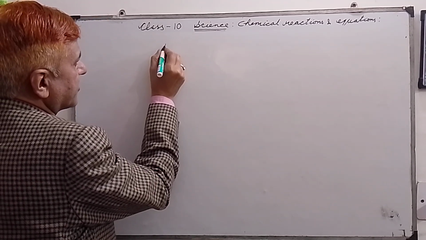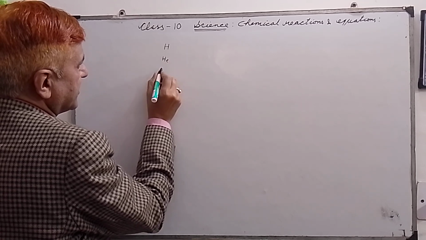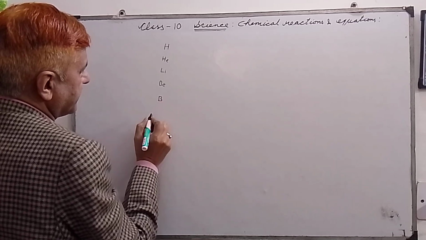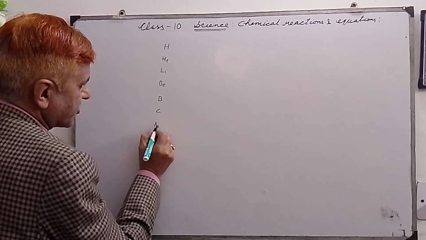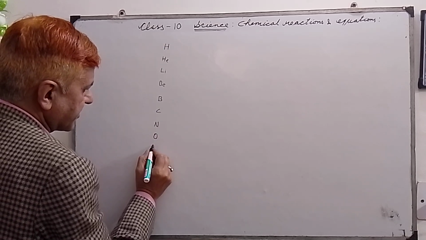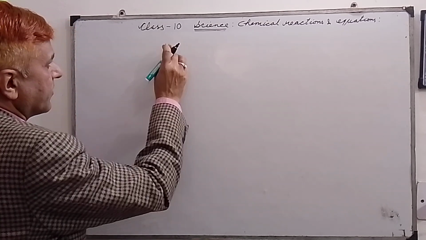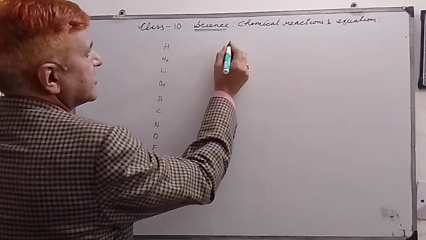For example, hydrogen, after that helium, lithium, beryllium, boron, carbon, nitrogen, oxygen, fluorine, and neon: 1, 2, 3, 4, 5, 6, 7, 8, 9, 10.